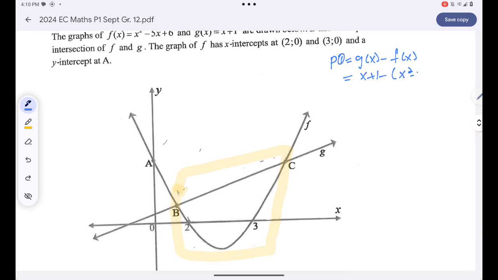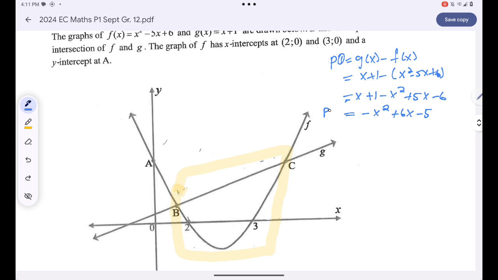Then all I need to do now is to remove the brackets. I'll end up having x plus 1 minus x squared plus 5x minus 6. This will give me negative x squared plus 6x minus 5.